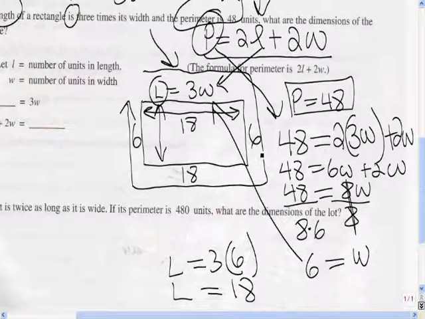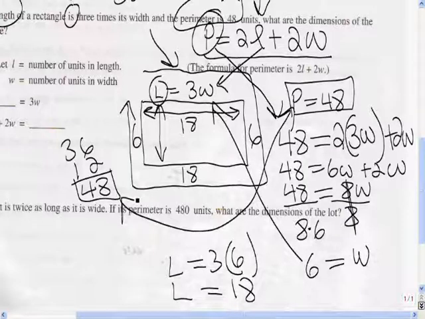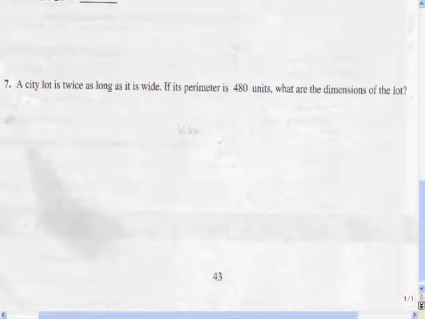If I add all those numbers up, I get the perimeter. 18 plus 18 is 36, and 6 plus 6 is 12, so I add that up. 6 plus 2 is 8, and 3 plus 1 is 4, so P equals 48. That means my answer is right, because they had already told me that P equals 48, and when I plug in my numbers, I get 48 for the perimeter.